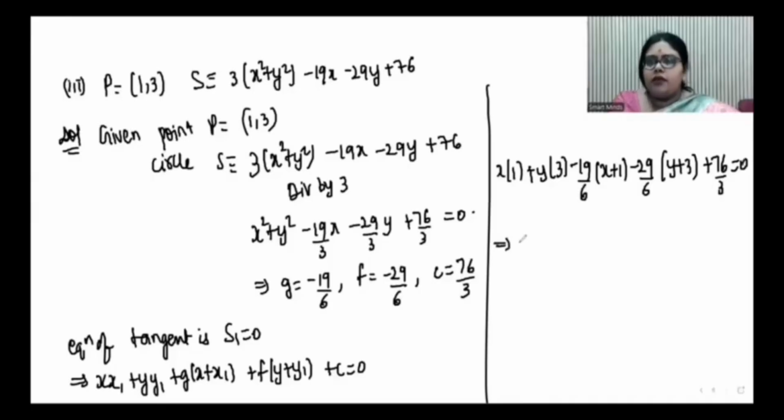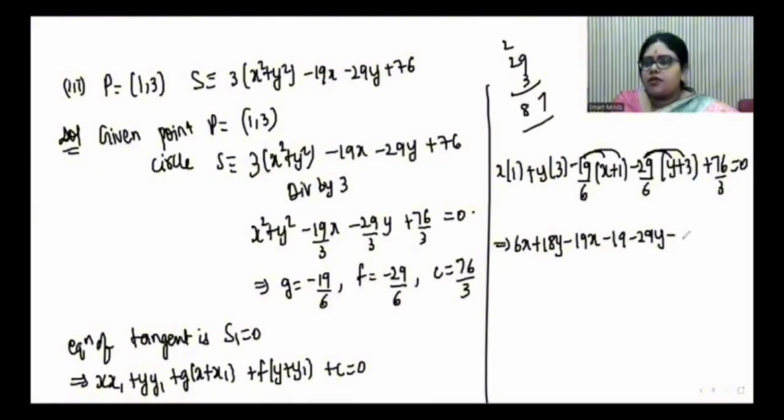Now take LCM, you will get 6x plus 18y minus 19x minus 19 minus 29y minus, see here I am multiplying this into this into this. What is 29 into 3? It is 87. So minus 87 plus what is 76 into 2? 152 is equal to 0.